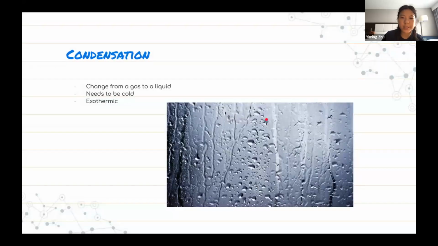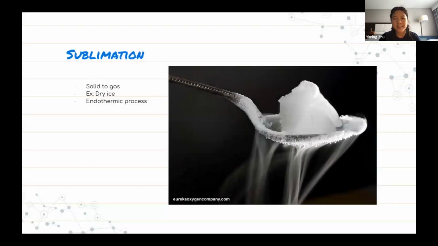Next is condensation. This is basically a change from a gas to a liquid. When the gas gets cooled down enough, it will condense and turn back into a liquid. And then sublimation, again a pretty similar concept. However, this is when a solid gets converted to a gas.